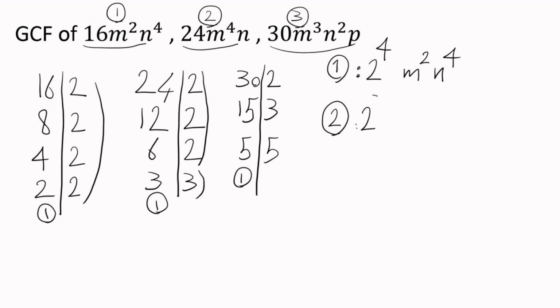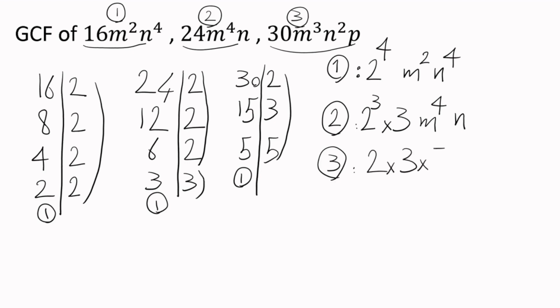So 2 to the power of 3 times 3. And I should not change the variable part. m^4 n. Third one, I can write it as 2 times 3 times 5. And I should not change the variable part. m^3 n^2 p.